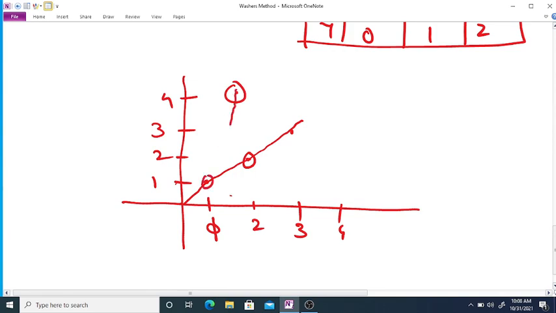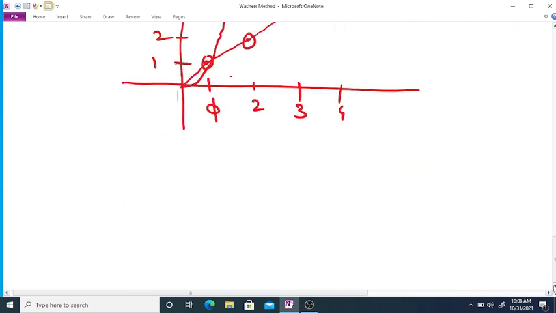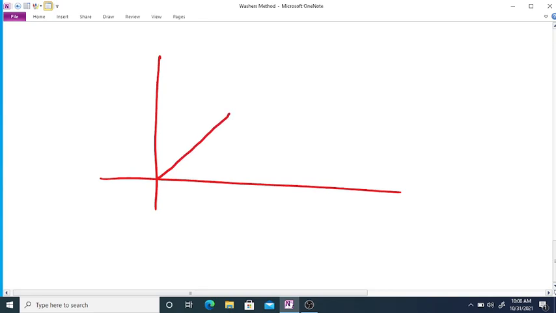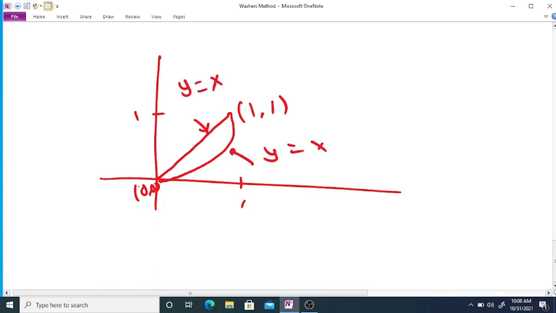So if we join these points, then if we draw this graph one more time, this is point (1, 1), this is point (0, 0). This is y is equal to x, and this is y is equal to x square.